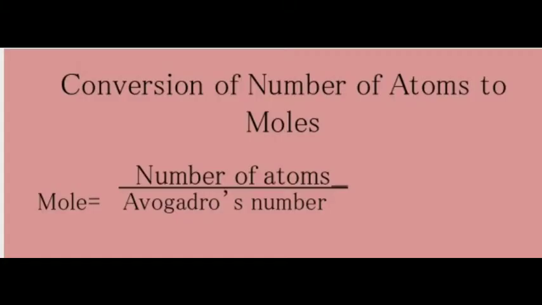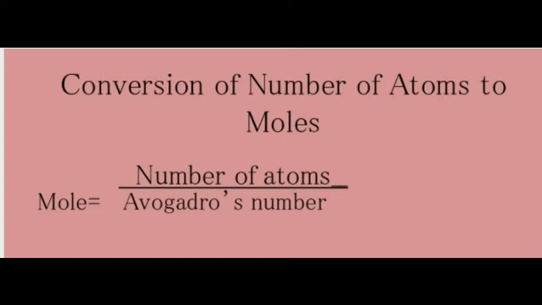Now we can easily calculate number of atoms, number of moles. Suppose I have given you that the given number of atoms in this is 3.011 or something like that. What will be the number of moles? So there the number of moles will be given by the number of atoms divided by Avogadro's number.